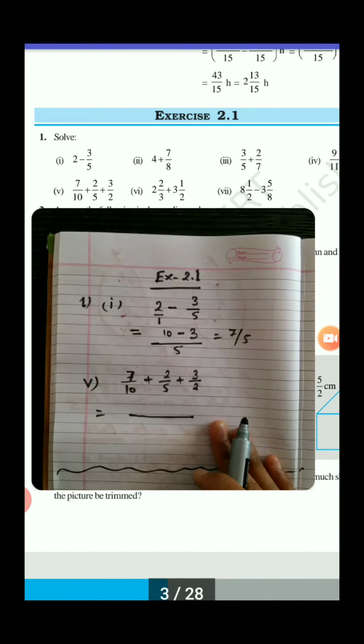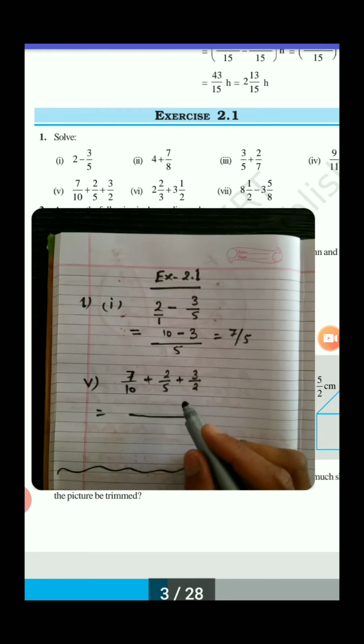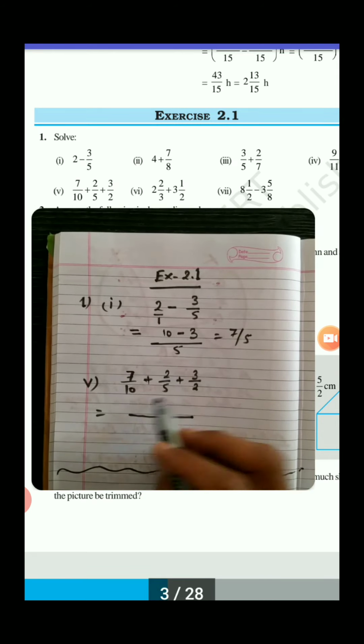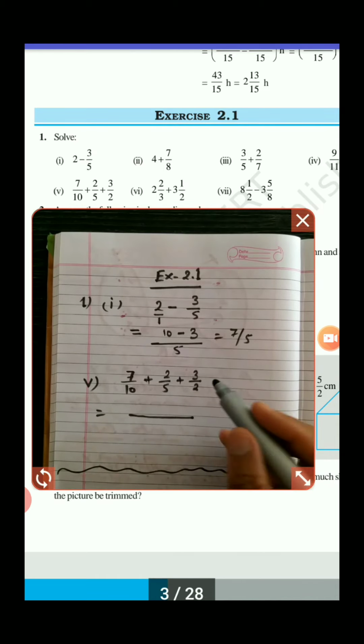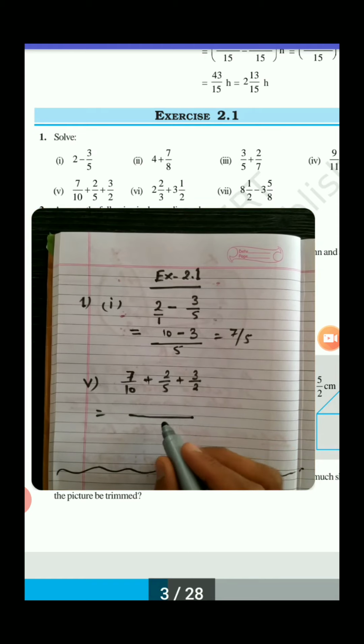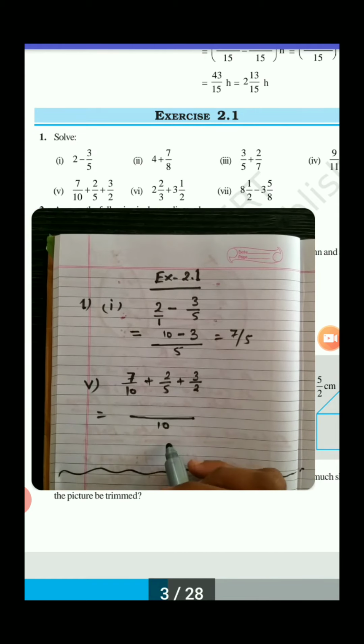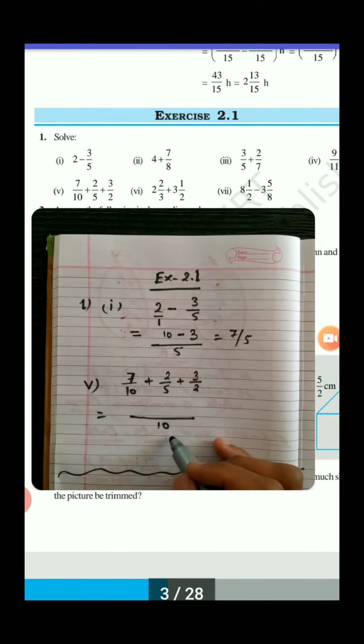LCM means the number which is divisible by 10, 5 and 2. It may be 10. Why? Because 10 is divisible by 10, 10 is divisible by 5 and 10 is divisible by 2.